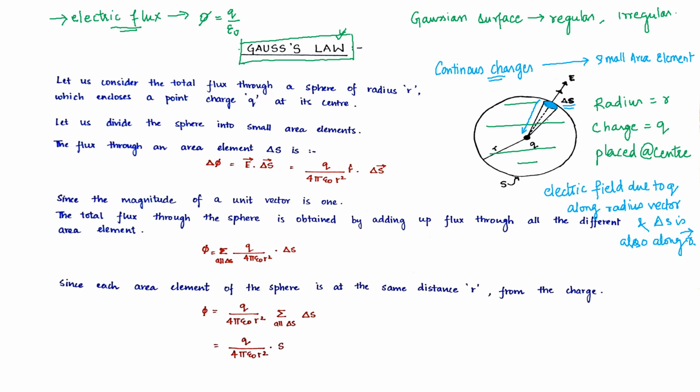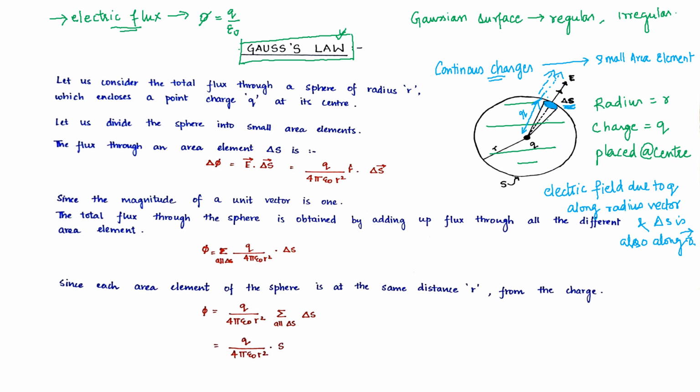From Q to the surface is the radius, and along this radius the electric field is moving in this direction, and the normal to the surface, the direction of the surface vector, is also along this line.